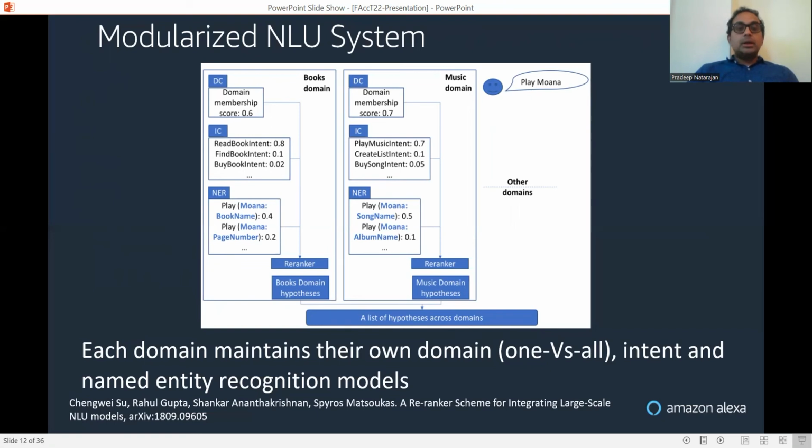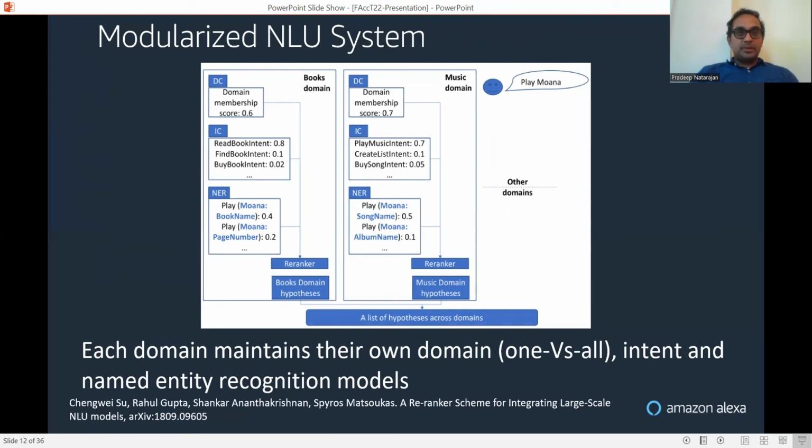Now, when an utterance comes to the NLU system after the speech recognition module has processed the audio stream, each of these domains applies its models in parallel, and they generate possible interpretations of the utterance.